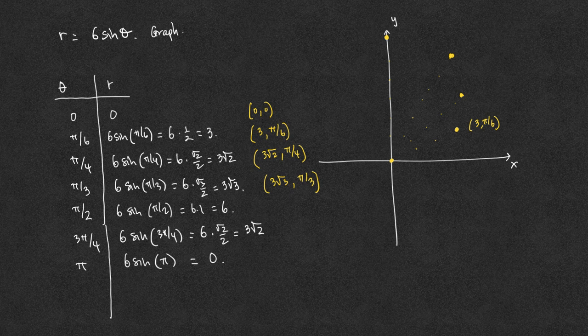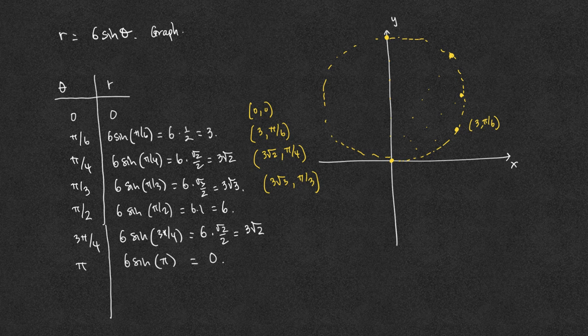If we are bold enough to connect these points to form a smooth curve, we see that this is half of the circle. By symmetry, we draw the other half of the circle to form one complete circle.